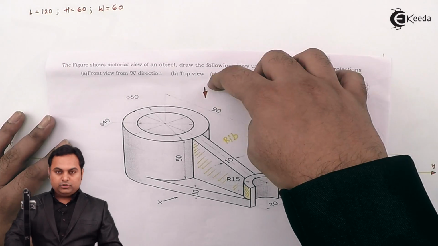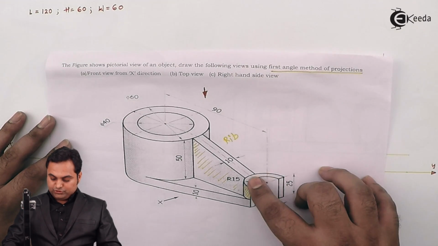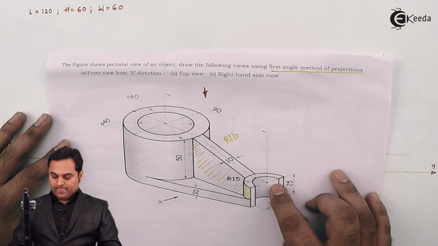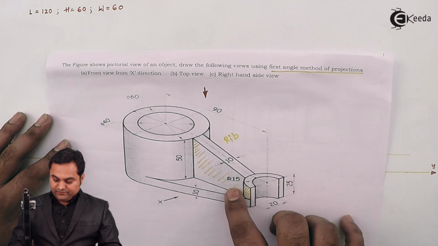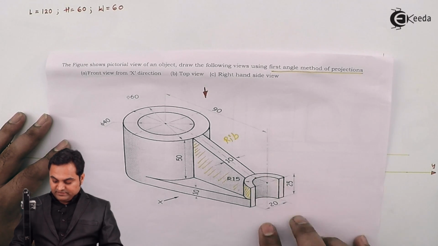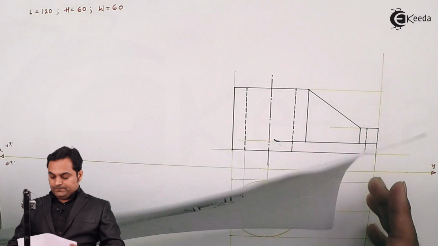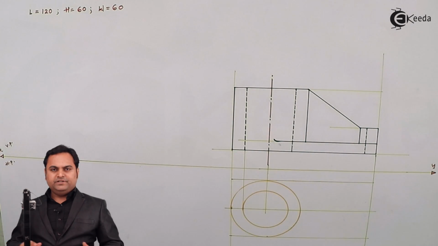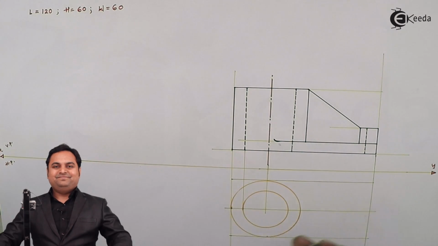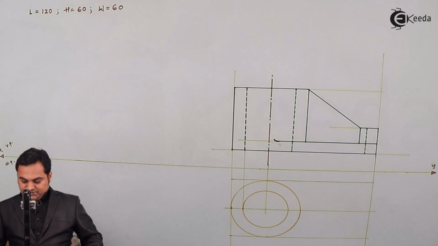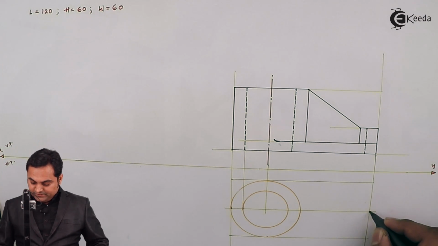And then when we are looking from top, this semicircular portion is also visible. Both the semicircles, inner and outer, are visible. Outer semicircle is having radius 15, inner semicircle is having diameter 20, so radius is 10, and the center is here. So I'll be drawing that semicircular part. Center is already here.